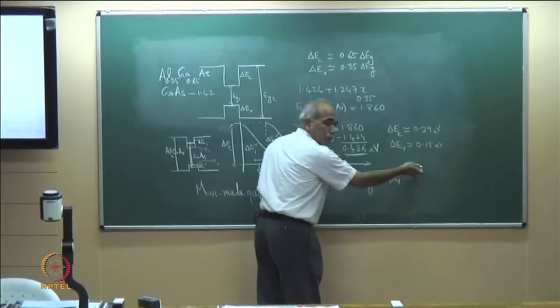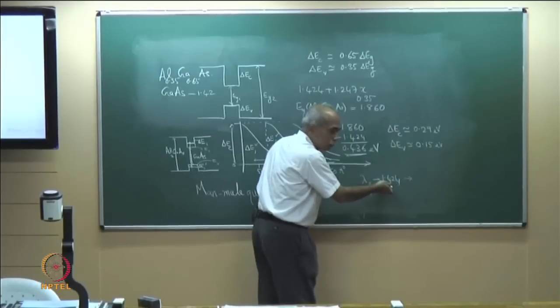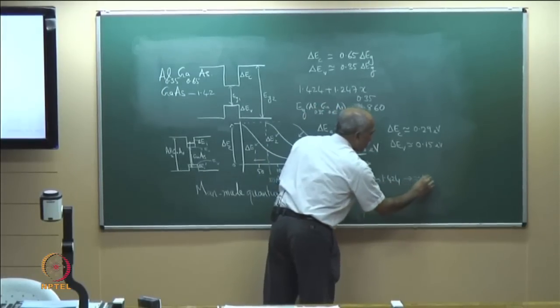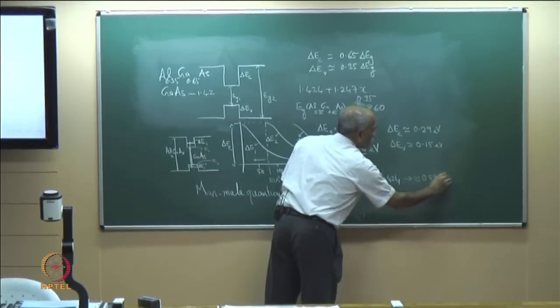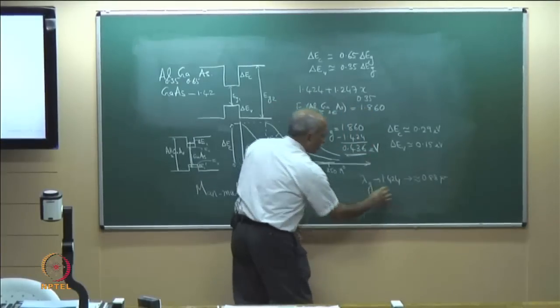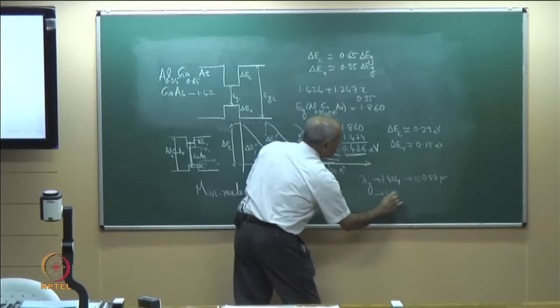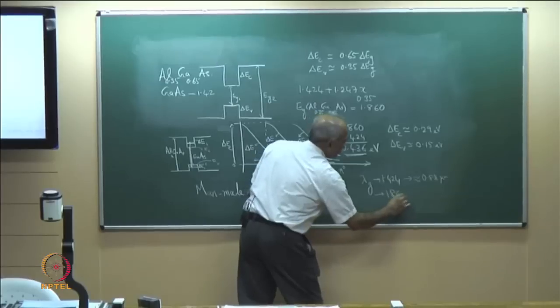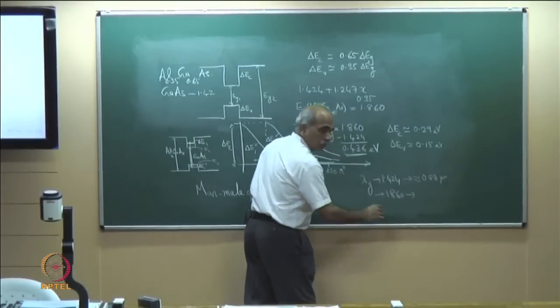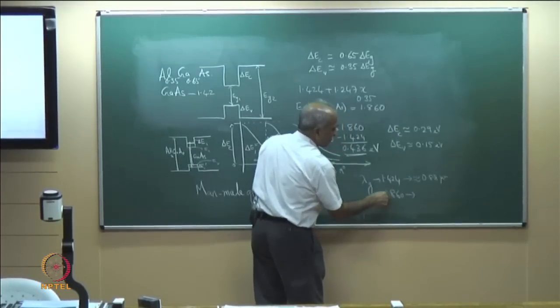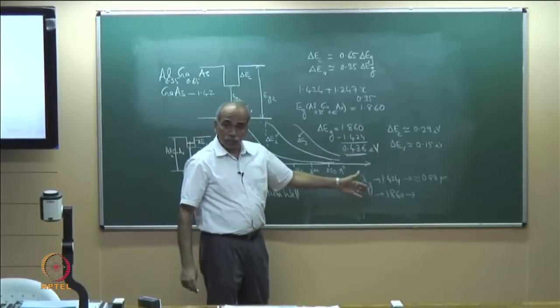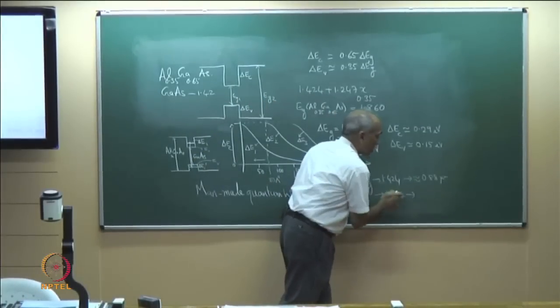We know immediately 1.24 divided by 1.424 will give approximately 0.88 micrometer. If you put lambda g corresponding to 1.860, so this is 1.24 divided by 1.860, the number will be much smaller.